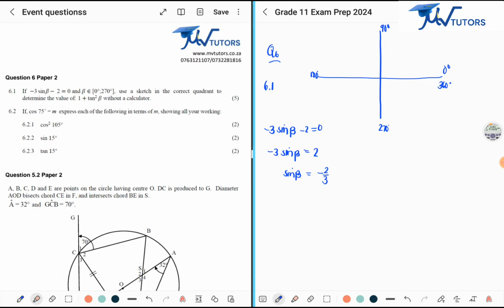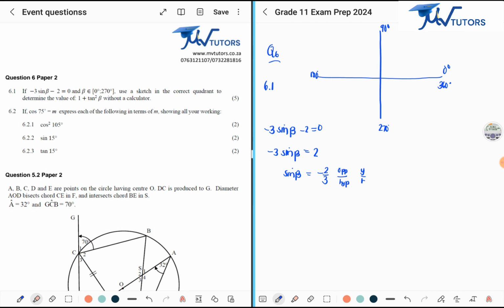And remember, sine is opposite over hypotenuse, right? Or you could say, we have y over r. R wouldn't really be negative, it's a hypotenuse.